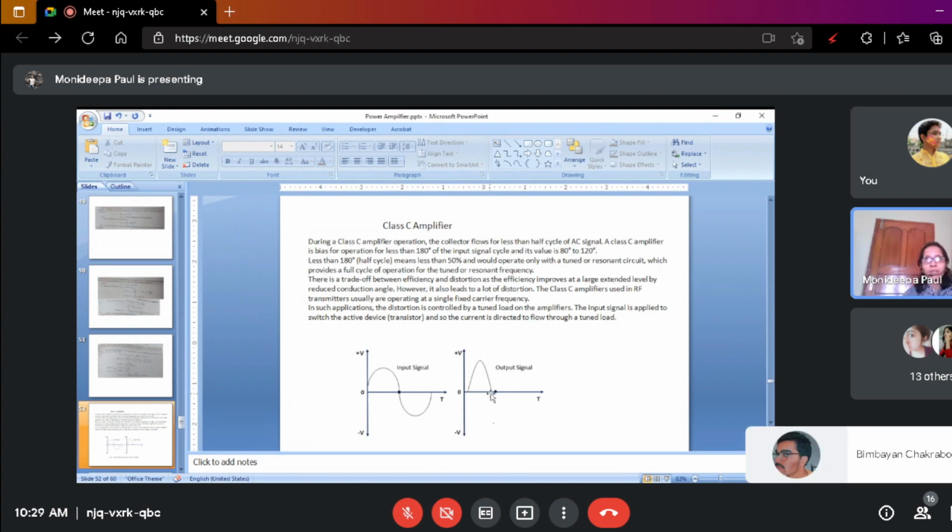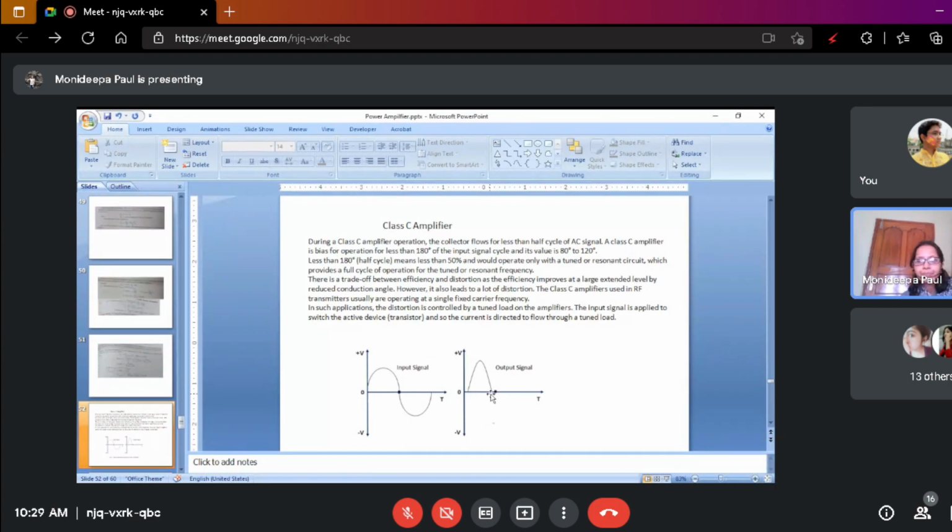In this way we classify class A, class B, and class C power amplifiers. If the current flowing through the output circuit is less compared to class B, losses are less. Therefore, efficiency increases. If losses are less, efficiency increases. But at the same time, we get output for less than half of the input signal, so the output signal is distorted.